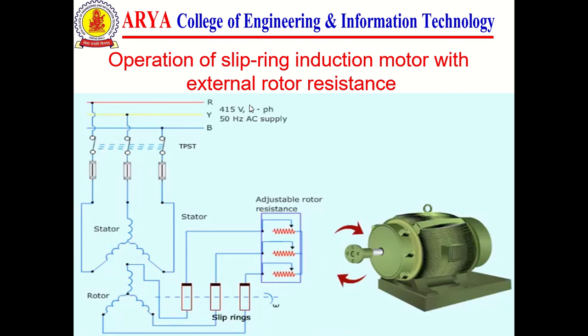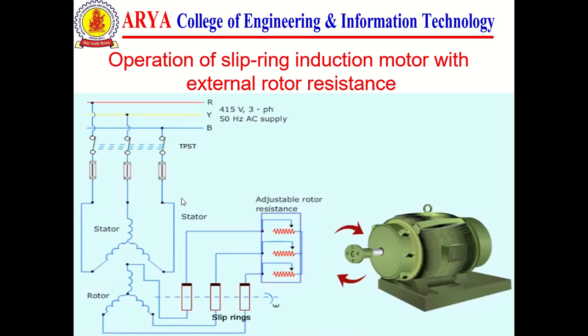When we apply three-phase AC supply by the TPST switch, these are the three-phase fuse wires, this is the stator winding and this is the rotor. Here you can see the slip rings, and this is the adjustable rotor resistance in the form of star.